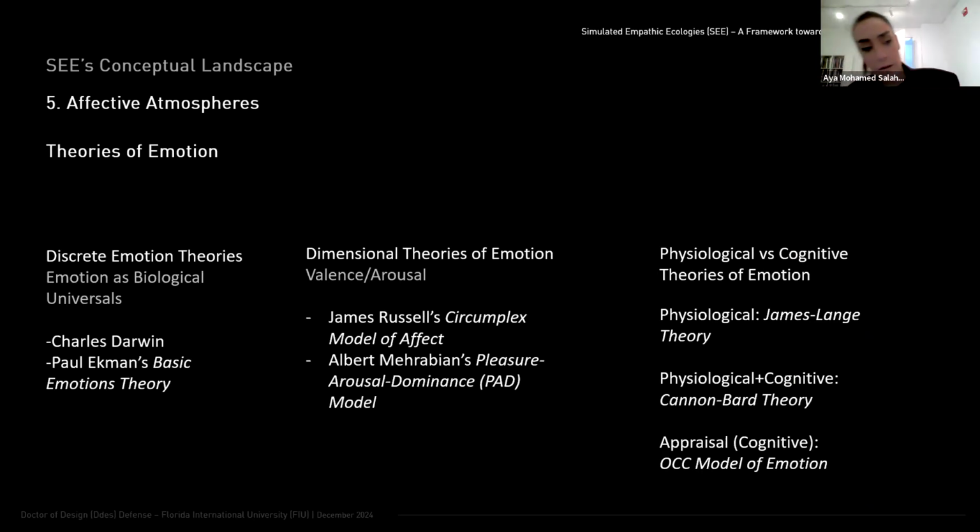Now when we talk about emotions, there are multiple theories of emotions that go into the debate of whether it emerges as a cognitive result, or is it a physiological one, or is it a mix of both? In a way, these theories of emotions have diverged into two primary schools of thought, which is the physiological basis and the one that is based on cognitive appraisal and interpretation.